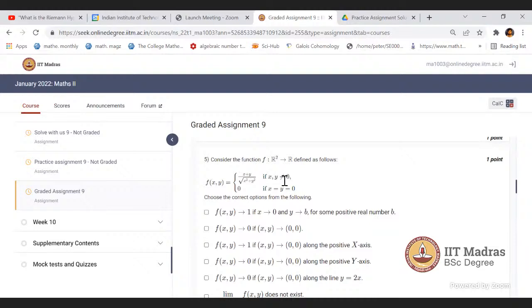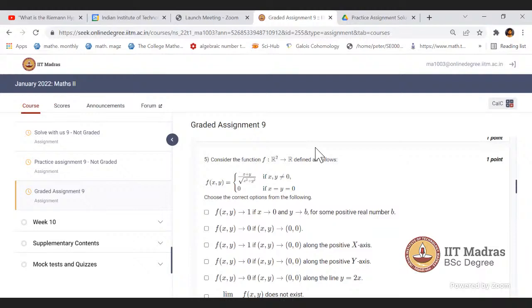Okay, yes, I got your point. So this basically excludes the cases 0 comma 4, 4 comma 0, basically the x-axis and y-axis. So I think this needs to be corrected. Yes, true. This is a mistake.